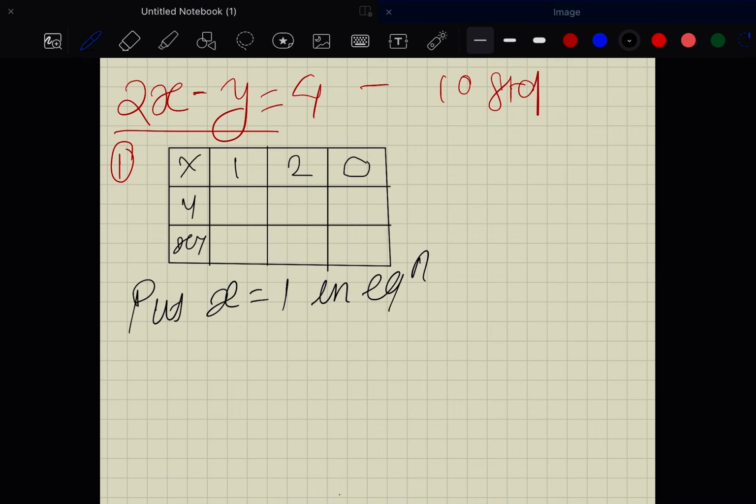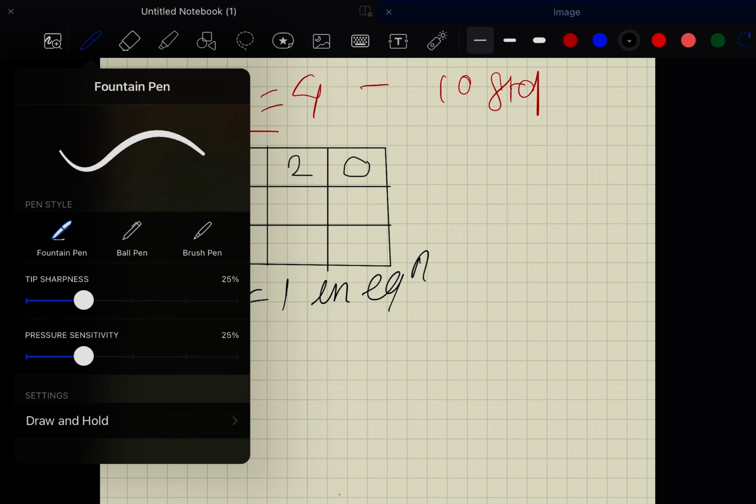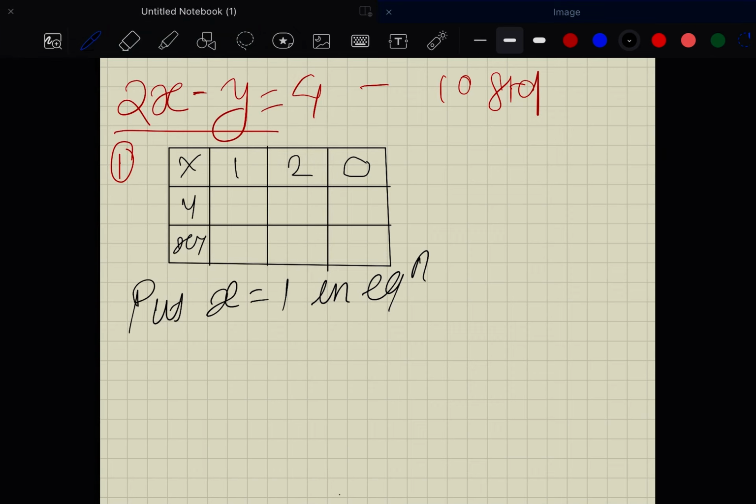So the first and most important thing that we have to keep in mind, just put x is equal to 1 in the given equation. So what is our given equation? 2x minus y is equal to 4.